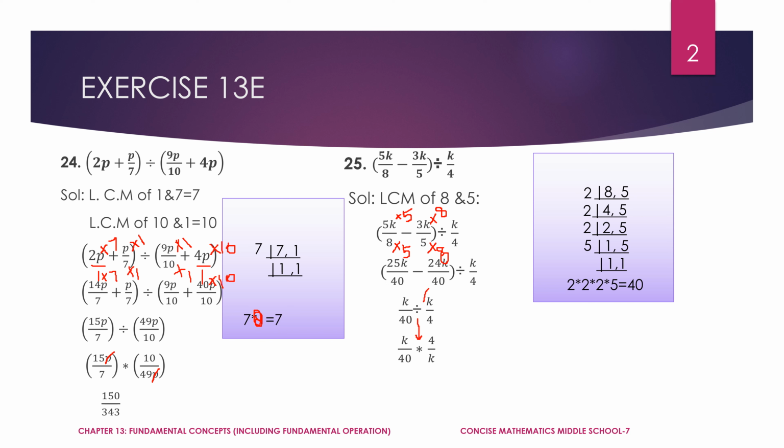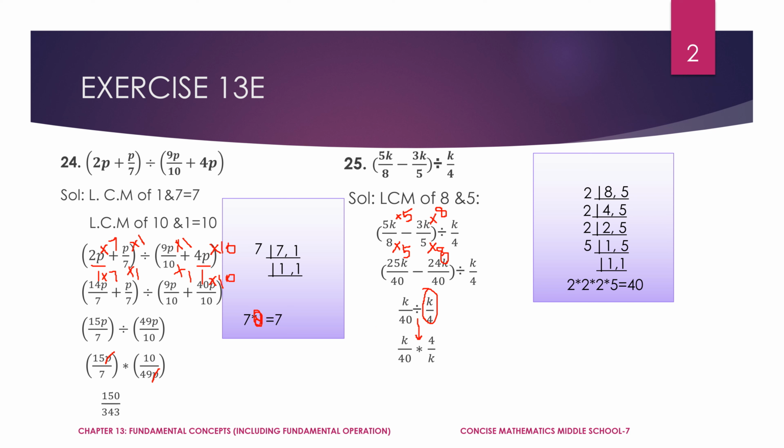And this one has changed its position. K is in numerator, it came back to denominator. And this 4 is in denominator, it came back to numerator. Always when dividing the fractions, you follow this.